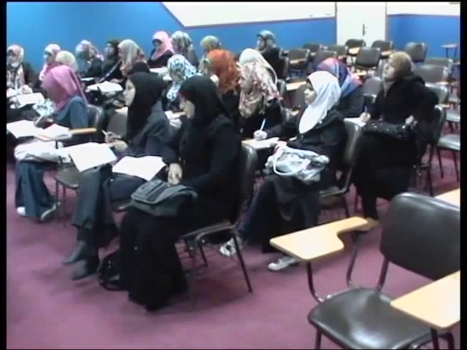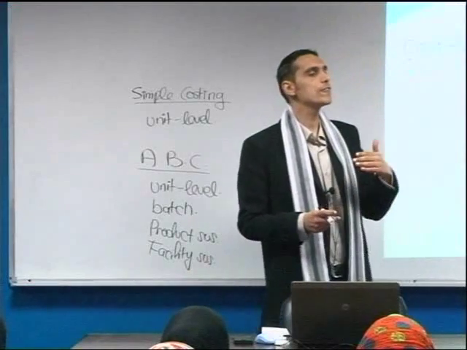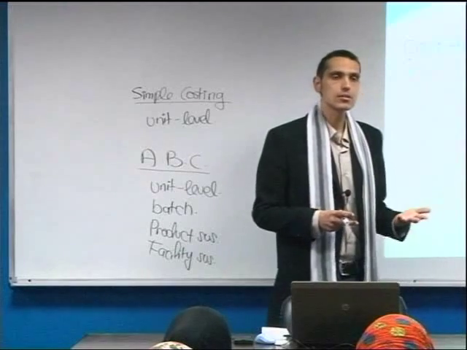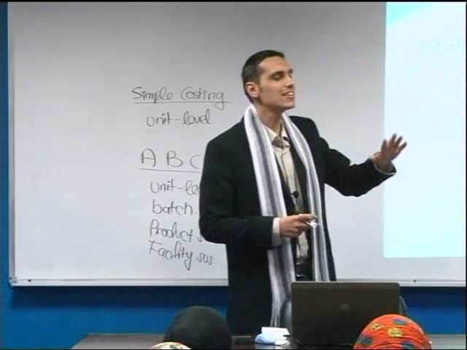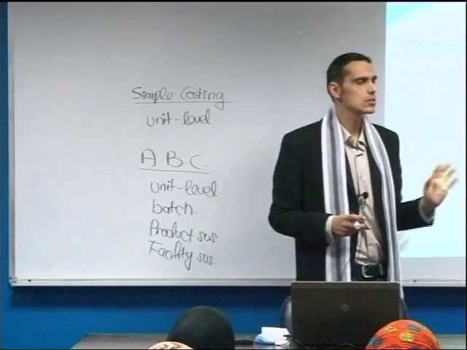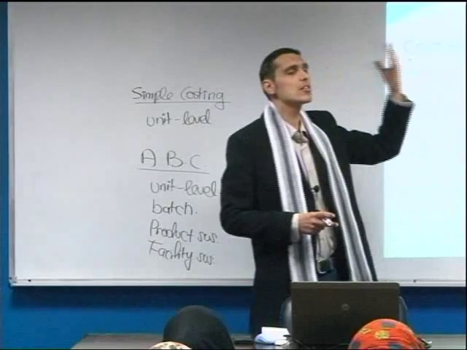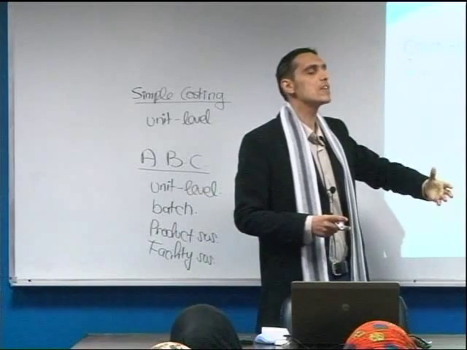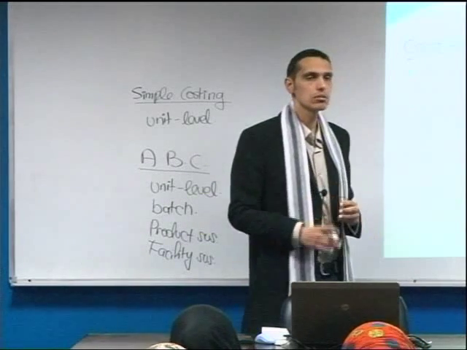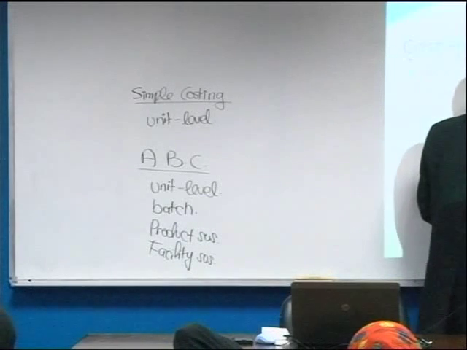Therefore, the facility sustaining level costs are the costs of activities that are not related to a specific product or to a specific service. But these costs support the processes of the whole organization, such as administration costs.